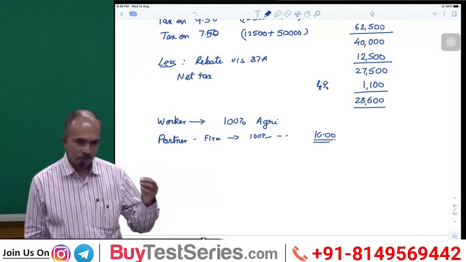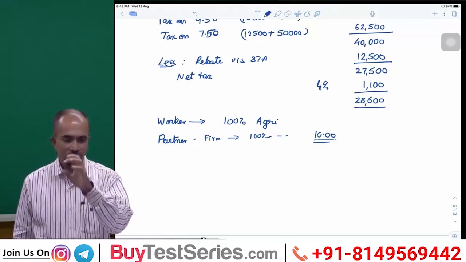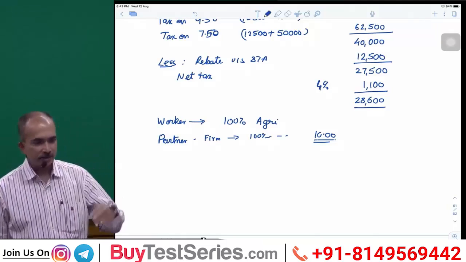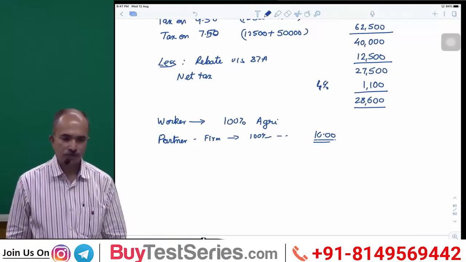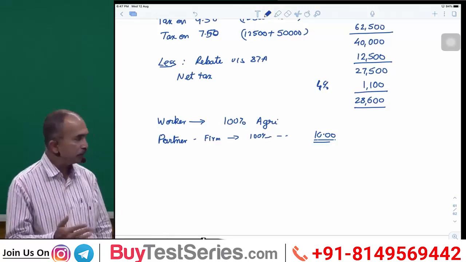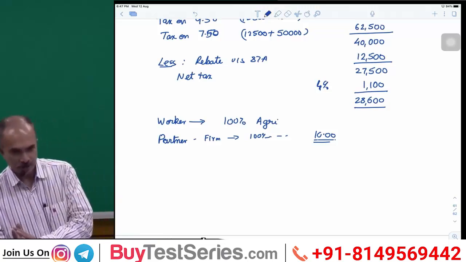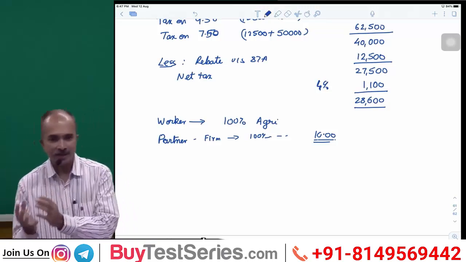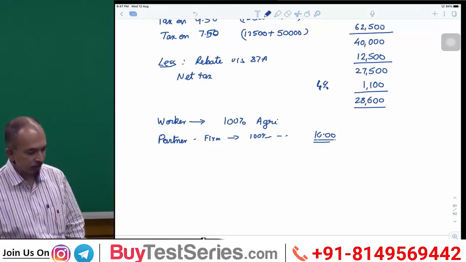So the partnership firm has earned say 2 crore rupees net profit from agriculture this year. It decided to pay each partner 10 lakh as remuneration. Is this remuneration paid by the firm to its own partners agricultural income or non-agricultural income? Will it have the character of agriculture? Will it not have the character of agriculture?